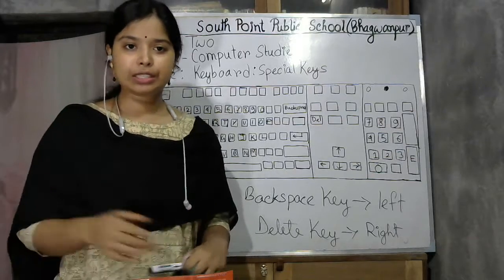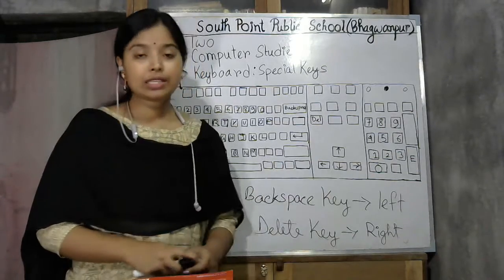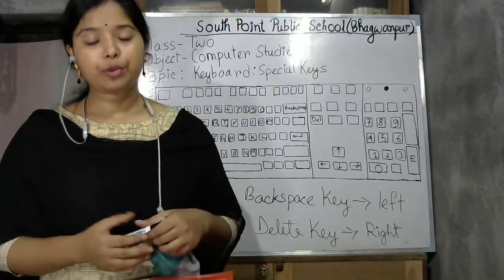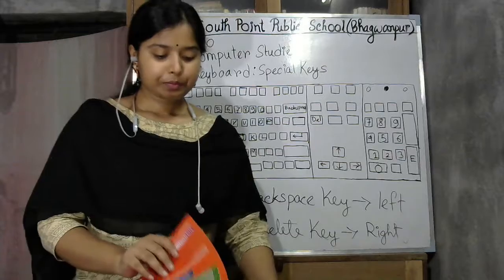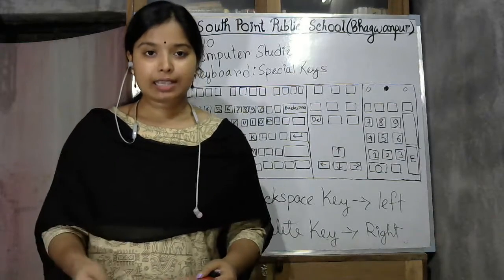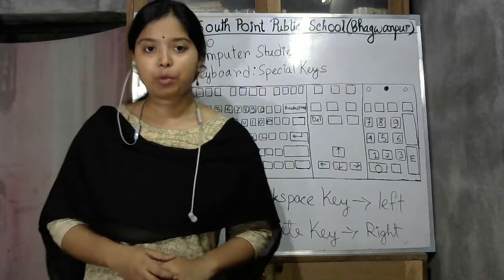There are pictures given in your book, and you look at the pictures and try to understand. Then when we do practical classes, you will be able to understand it more properly and more clearly.